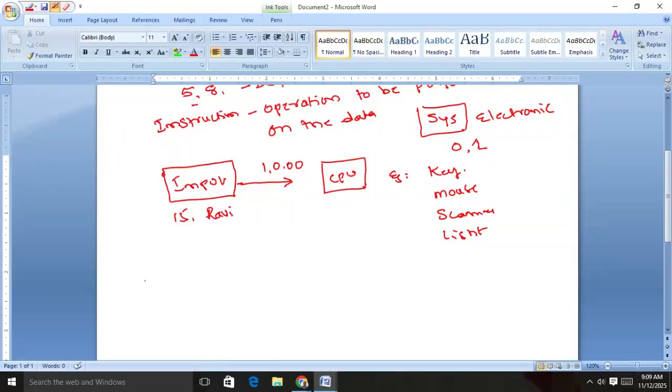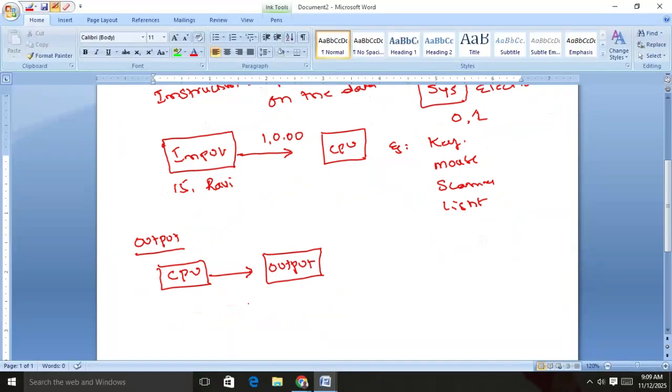The next one is the output device. The main responsibility of the output device is to accept the processed information from the CPU and turn it into user understandable format and either print or display it on the screen. That is the output unit.